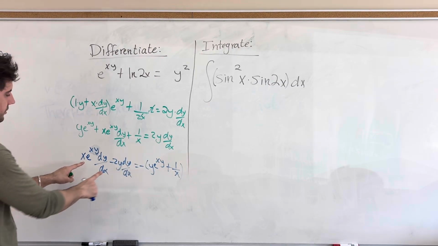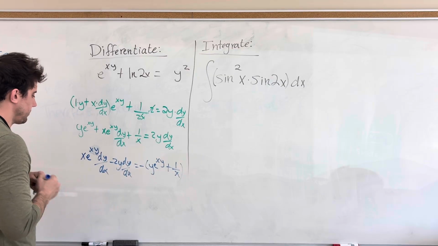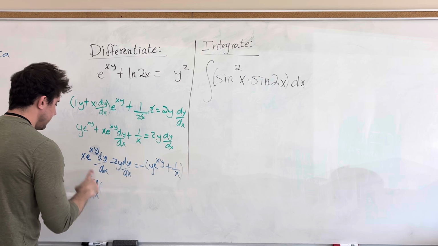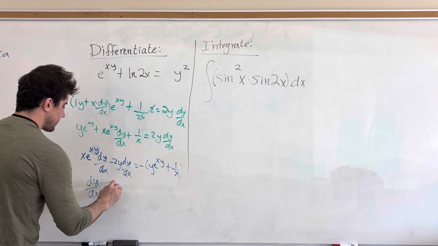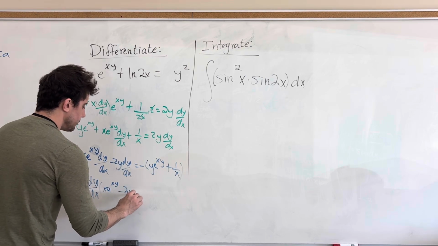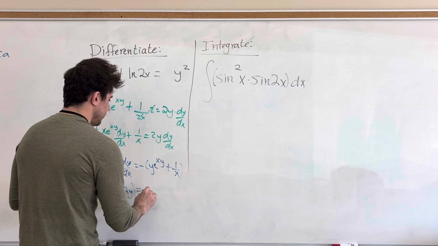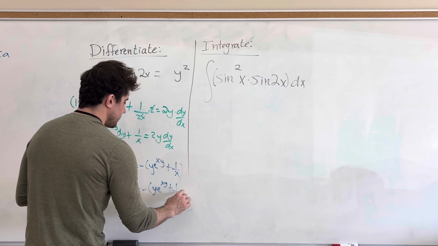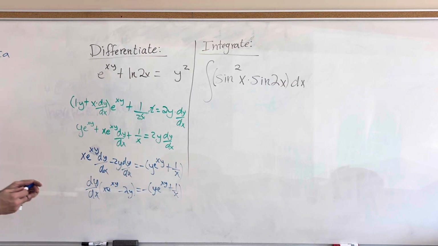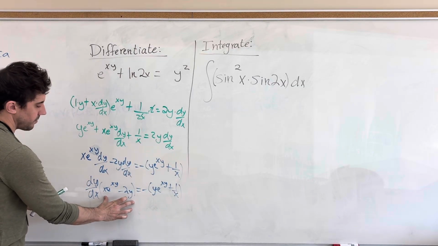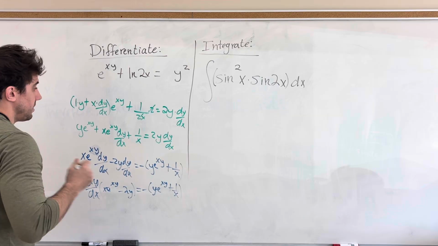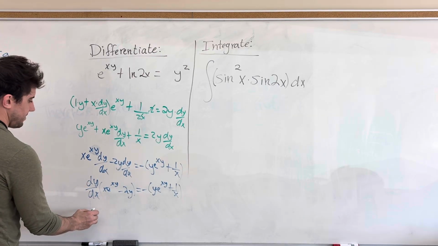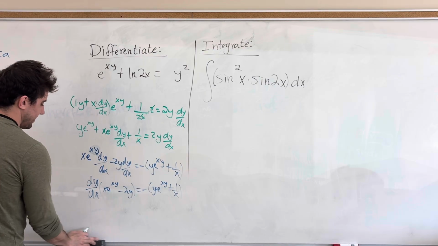Now we're going to have to factor out the dy dx on the left-hand side, so we'll have dy dx times x e to the xy minus 2y, and that'll be negative y e to the xy plus 1 over x. And finally, we can divide both sides by this expression. All right, let's try to write it down here.